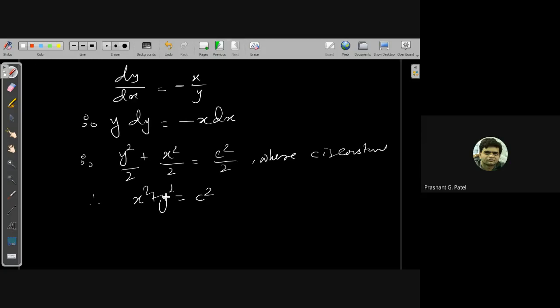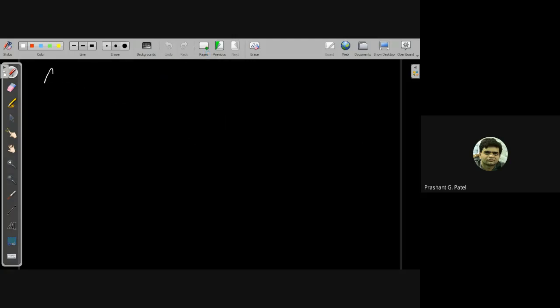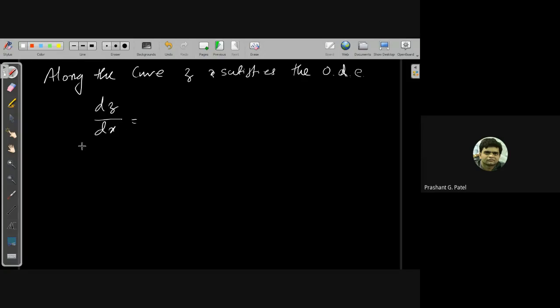Now along the curve, z satisfies the ordinary differential equation, that is dz by dx.